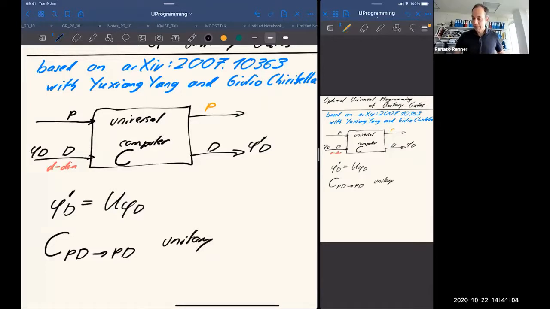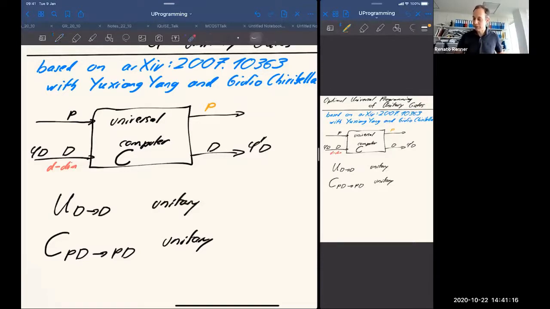So what I now said so far is essentially only that the U, which is only the thing that acts on D, should be unitary. Now there's a distinction between these two. This is somehow what I want to implement by my program, and this is just given essentially by physics. The whole operation will be unitary because physics is unitary. So how does this answer your question?